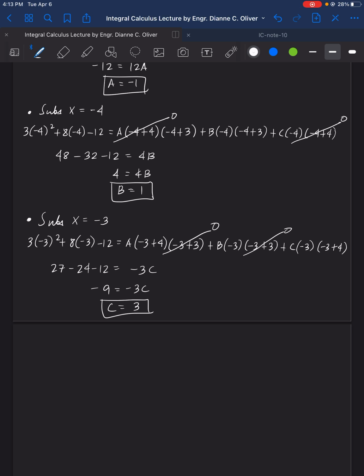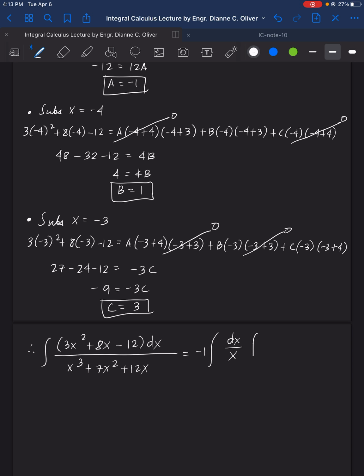Okay, so we now have the values for A, B, and C. Therefore, from the original equation, we have the integral of 3x squared plus 8x minus 12 dx all over x cubed plus 7x squared plus 12x is equal to the value of A, negative 1, integral of dx over x.